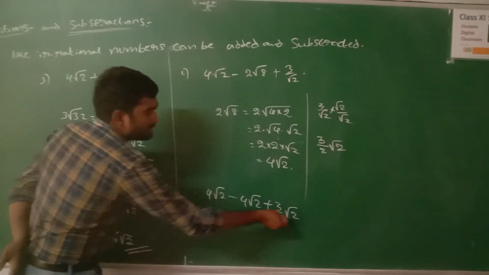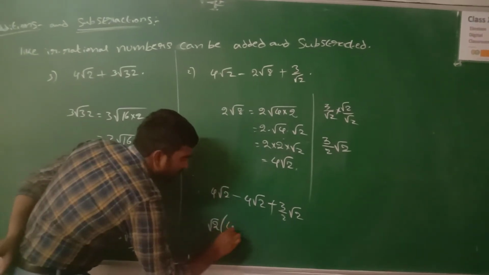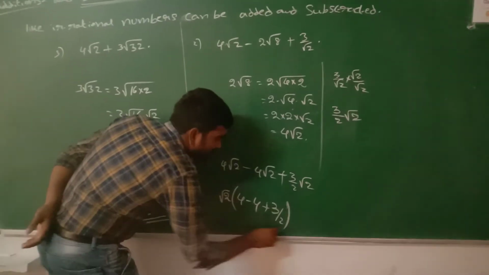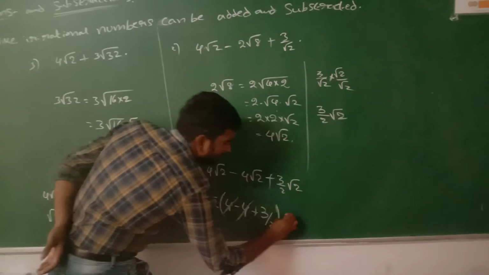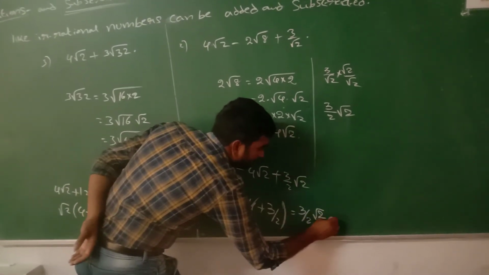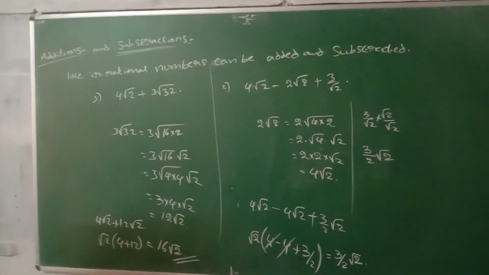Root 2 is the common factor, so 4 minus 4 plus 3 by 2. The 4s cancel, that is equal to 3 by 2 root 2.